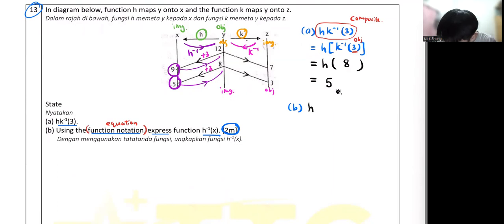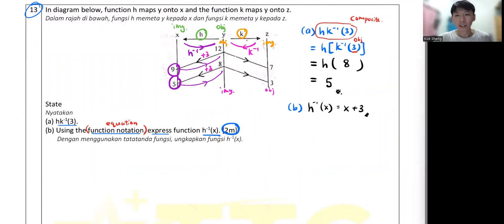For your h negative 1, the equation will be the object plus 3. Only 1 mark, you can write the answer straight away. So number 13, done. Until here first, is there any issue for number 13? If you cannot follow, let me know also. I try to go slowly.